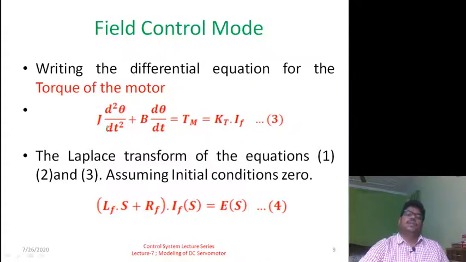Now converting equations 1, 2 and 3 into the Laplace transform, assuming the initial conditions 0. Equation 2 can be written as (Lf s plus Rf) multiplied by If(s) equal to E(s).